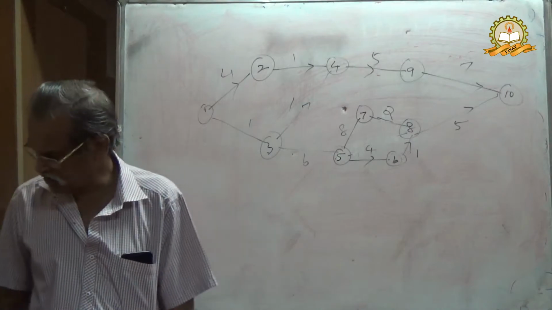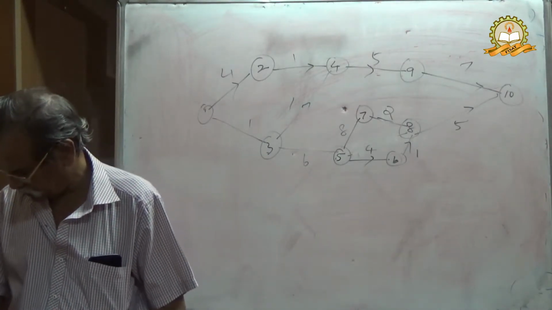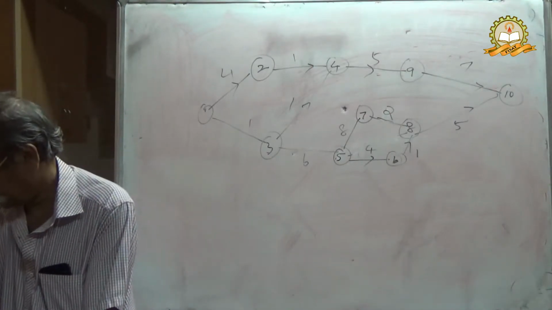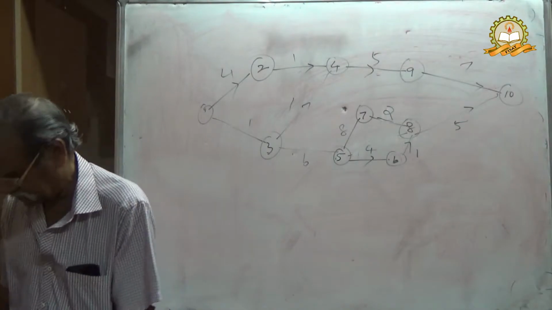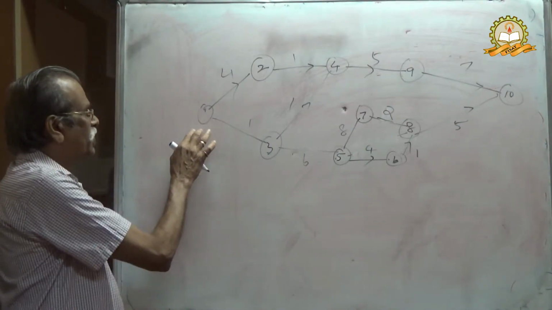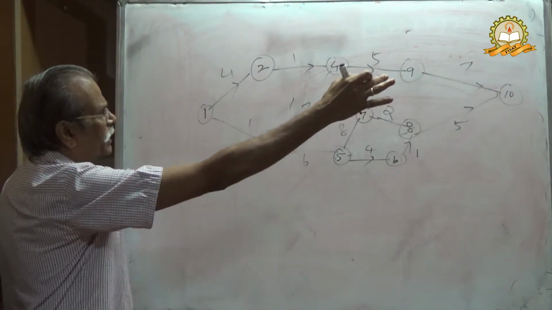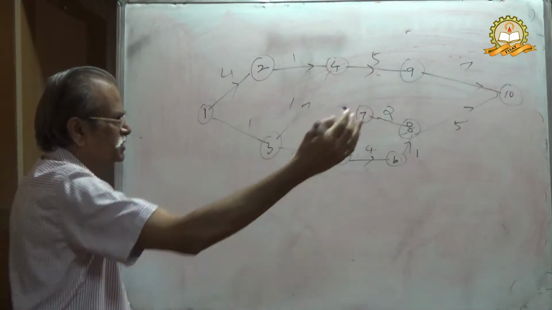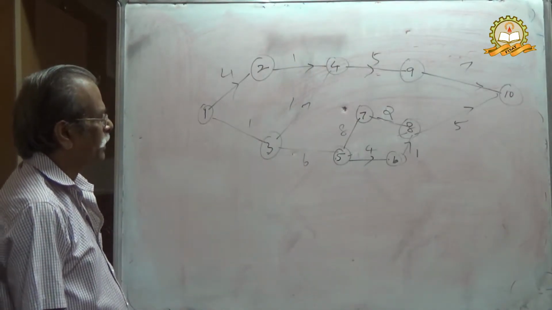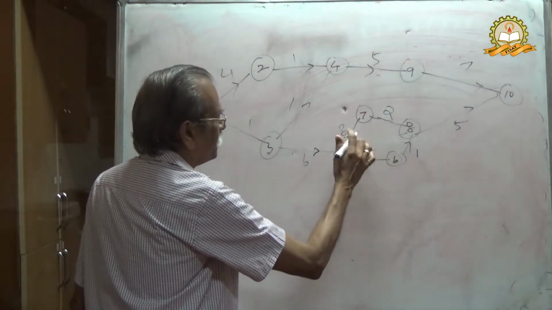Here you can observe from the network diagram that it starts with 1, 2, 4, 9, 10, that is one path, and there are other paths. You have marked the duration, with an arrow everywhere.